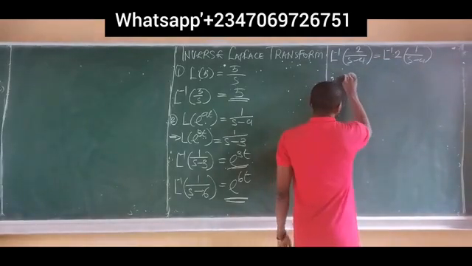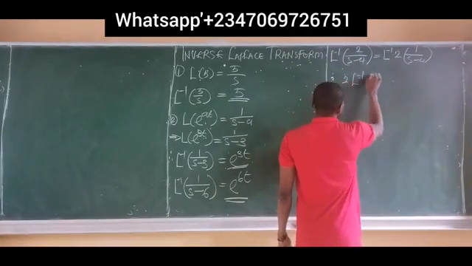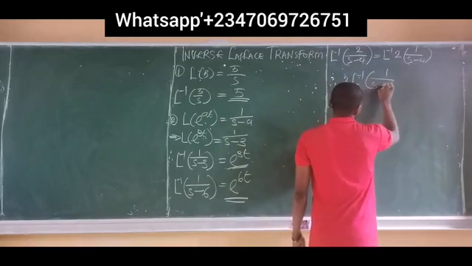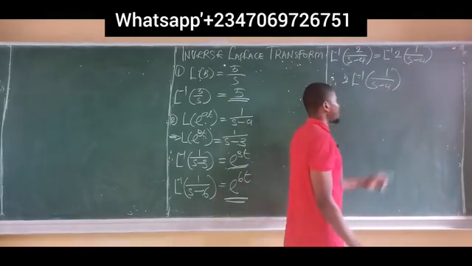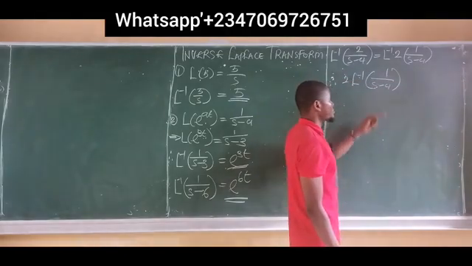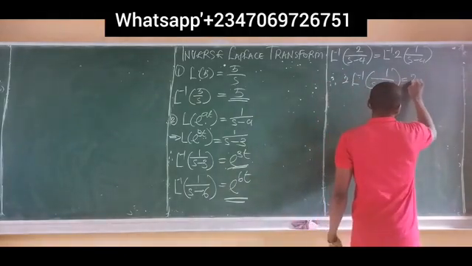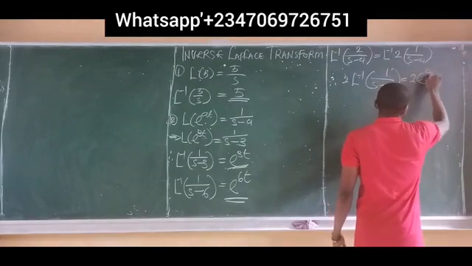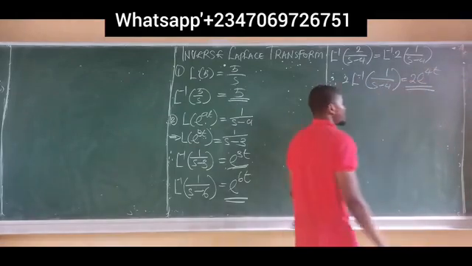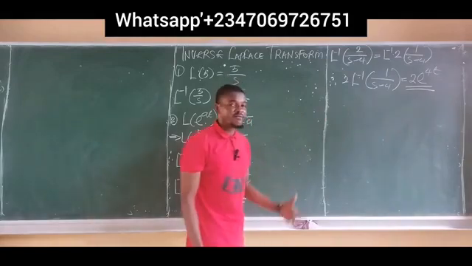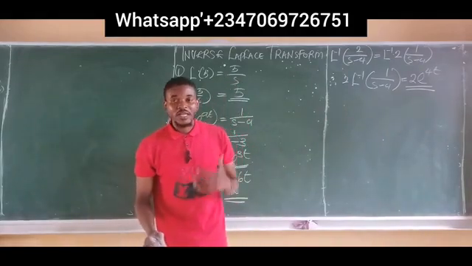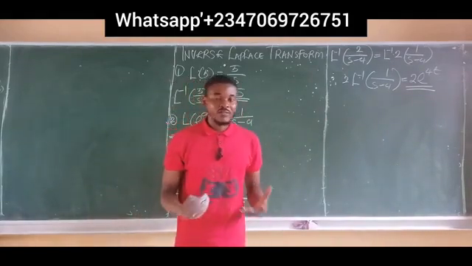Therefore, I will have 2 times the Laplace inverse of 1 all over s minus 4, and I know that this will simply give me exponential 4t. That means this is equal to 2 times exponential 4t. That becomes the answer. Hence, the inverse of a given Laplace transformation gives you the Laplace inverse of that given function.